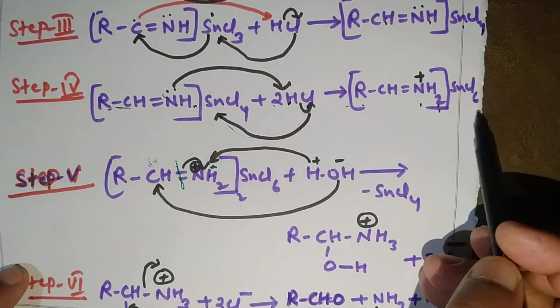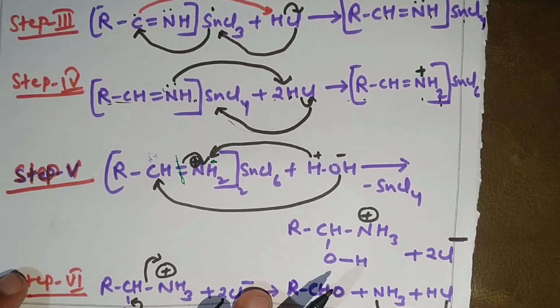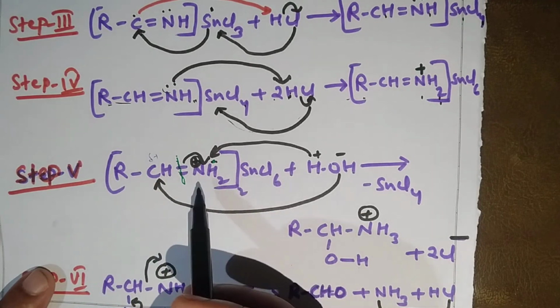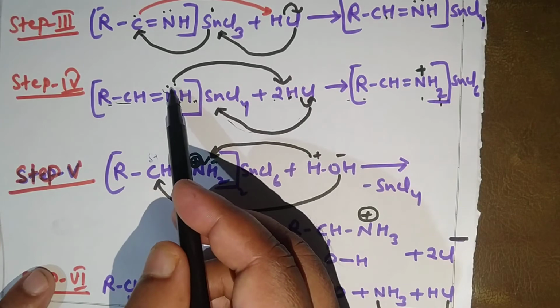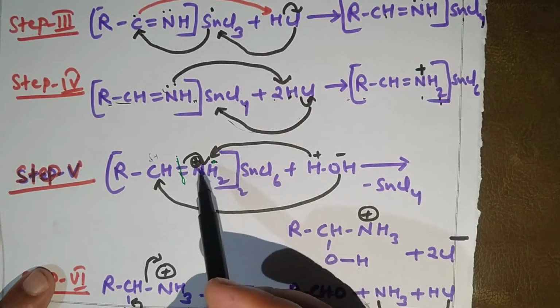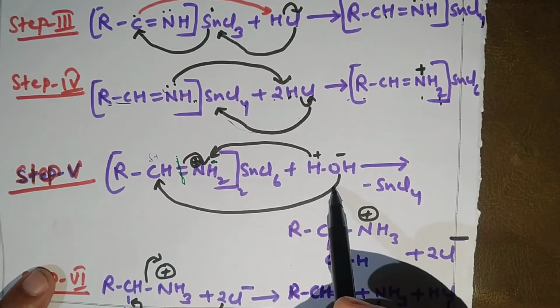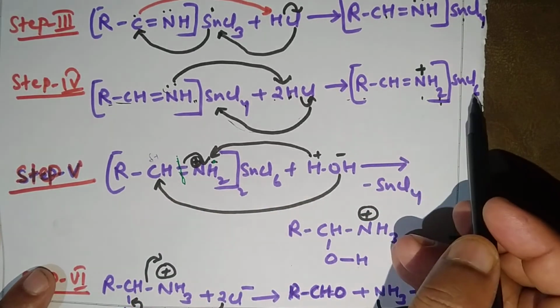So it becomes SnCl6. Now in step 5, in this molecule formed, since here nitrogen has given an electron, it becomes a positive charge, we have shown here. Now after that, hydrolysis occurs. So here is the reaction with a water molecule of this species.